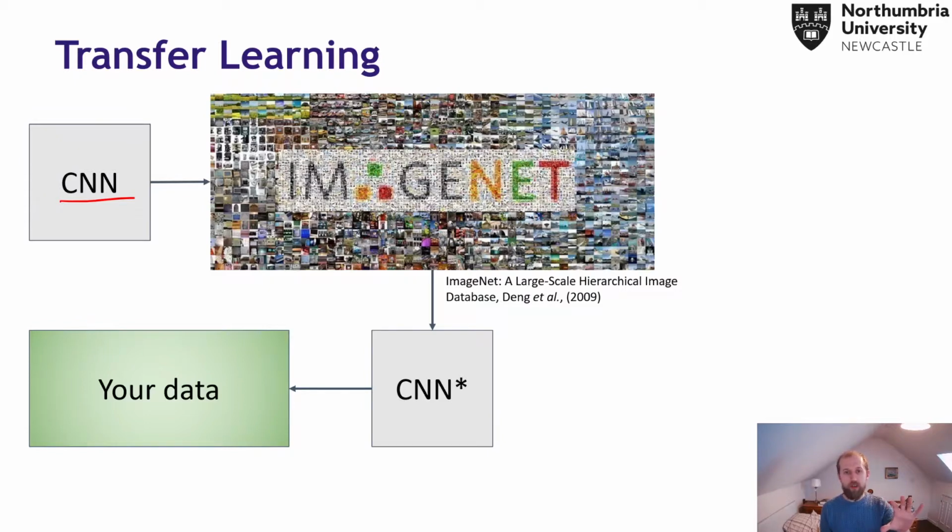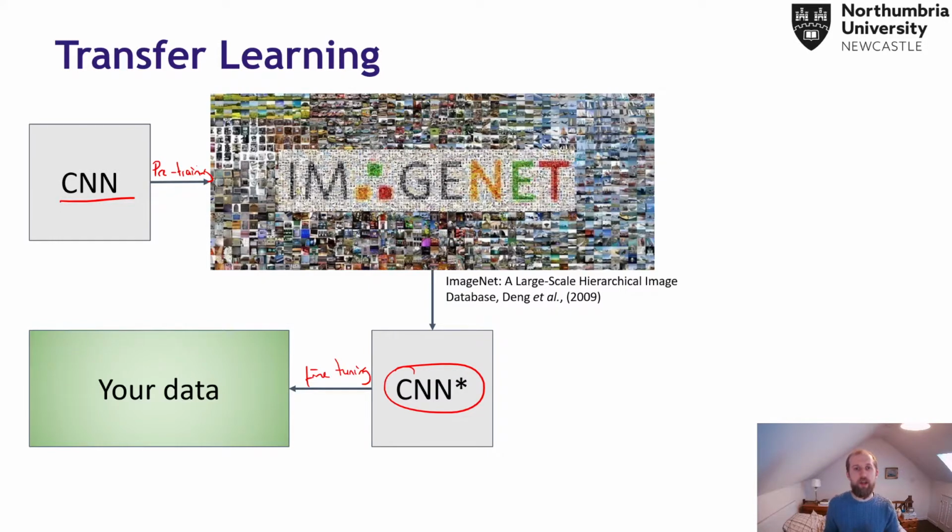Once you have that, then you can actually do what's called fine-tuning. So this stage here is called pre-training, and then you have fine-tuning, where you take that CNN, you take this trained CNN on ImageNet, and then you apply it to your data.